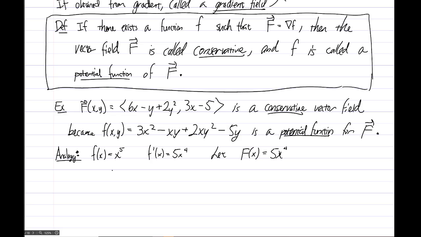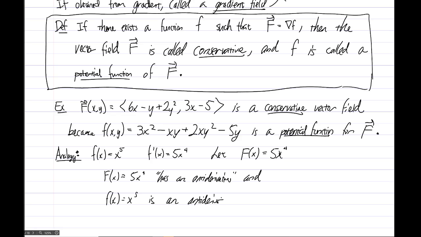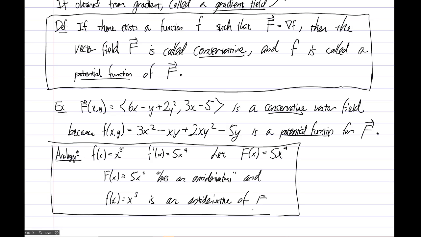And here's the kind of language we use. We say that capital F of x equals 5x to the fourth, if you're starting with this thing first, has an antiderivative. Specifically, little f of x equals x to the fifth is an antiderivative of capital F here. So this is, I think, a useful analogy to what we're seeing going on.